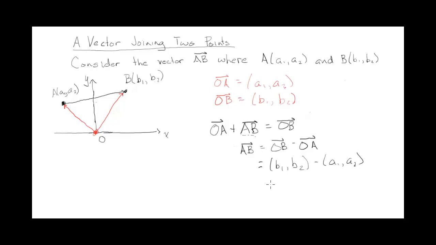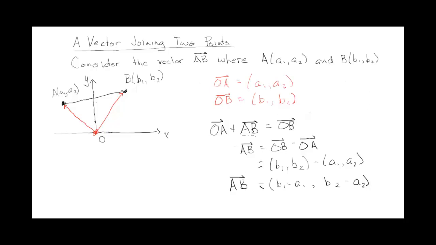So if I subtract these two vectors, I would subtract the x values. So it would be B1 minus A1 and B2 minus A2. So that's the vector AB. So that's the components of vector AB.